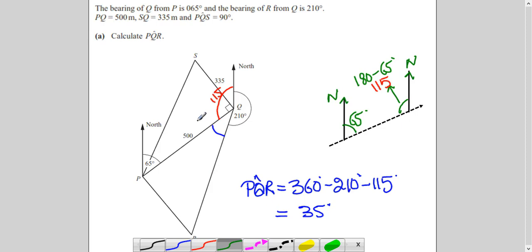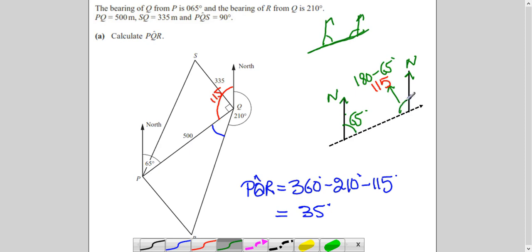Now, if you remember the property of interior angles: when you have 2 parallel lines and a line passing through them, called a transversal, the angles which are inside are supplementary. For example, if you draw 2 parallel lines and a line passing through them, these angles are called interior angles, and the sum of these angles is 180 degrees. So if this is 65, which is given to you here, you can easily find this whole angle.